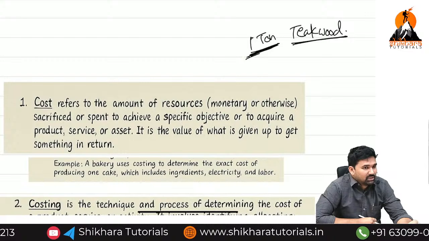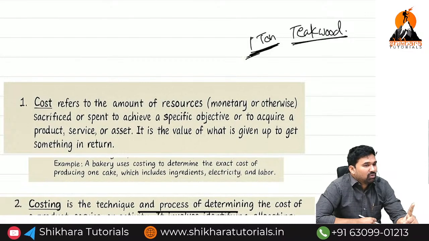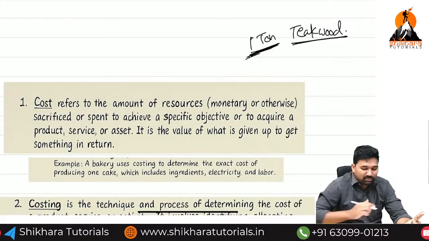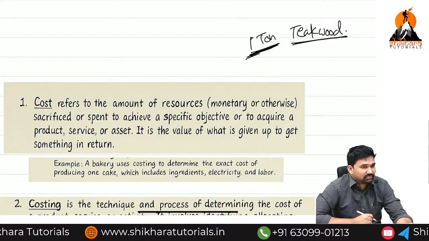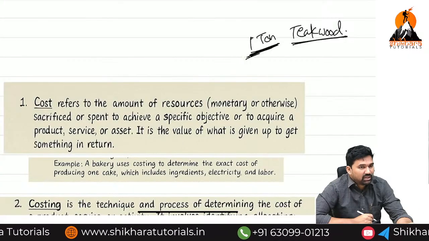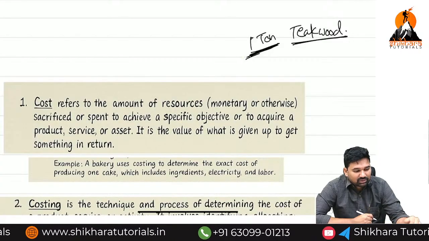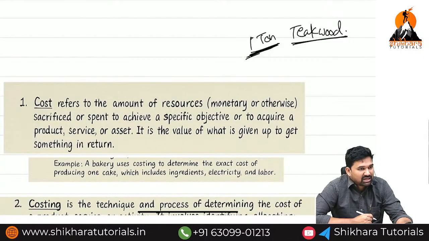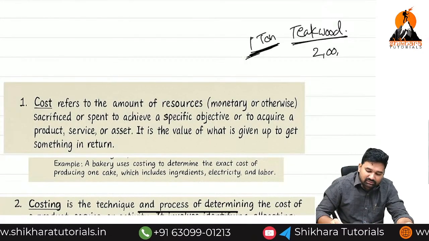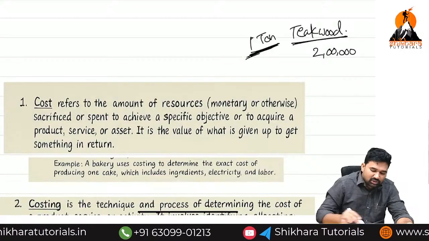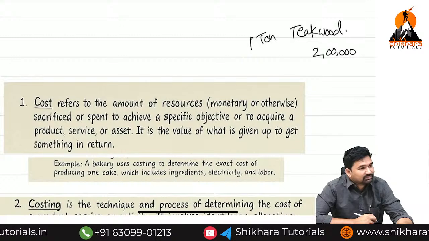So now you wish to produce one double cot, 6 by 6 cot, from that 1 ton teak wood. If you purchase 1 ton teak wood from the market at today's price, it will cost around 2 lakhs. But are you acquiring 1 ton teak wood from the market?